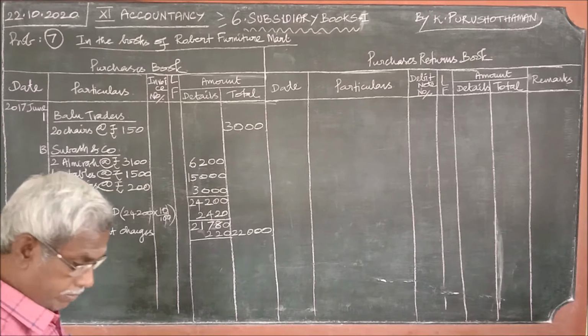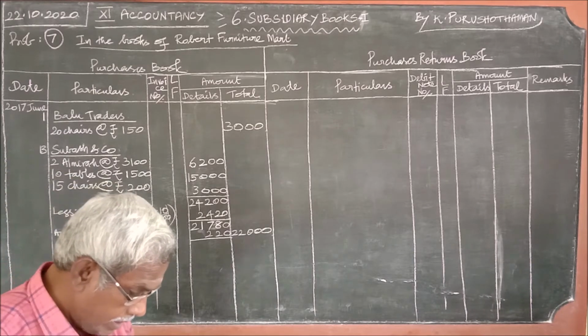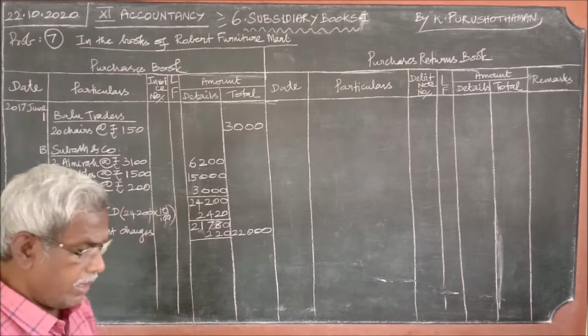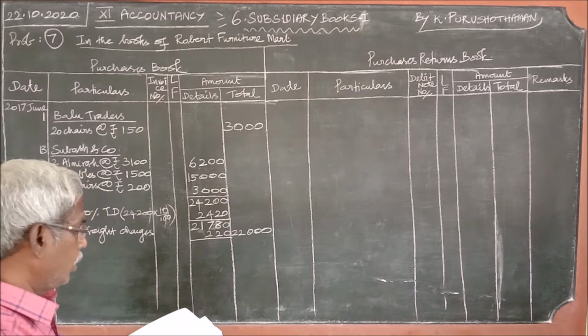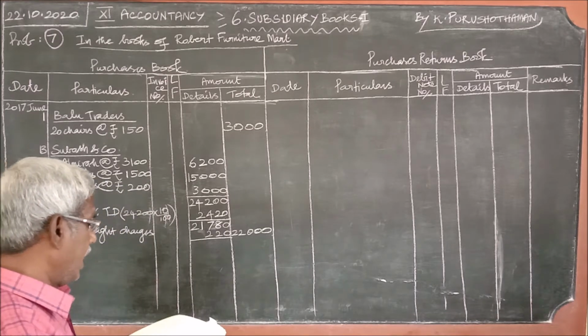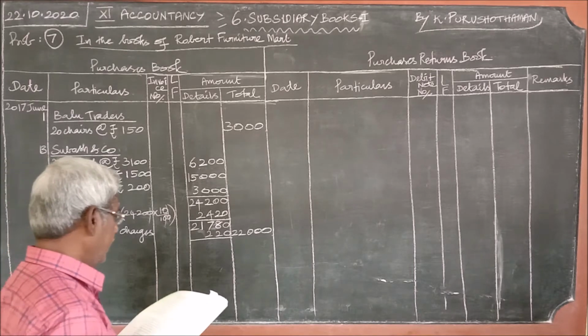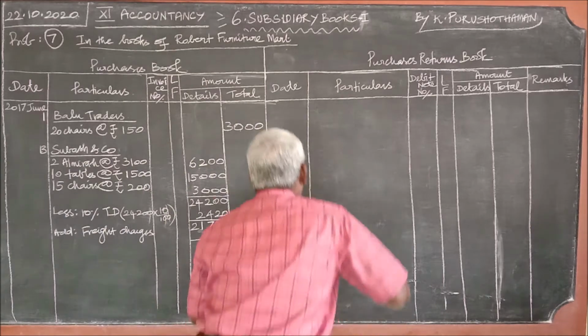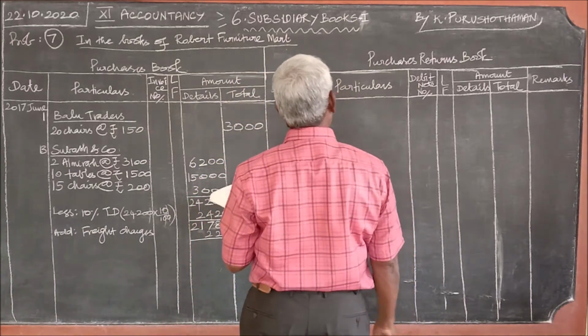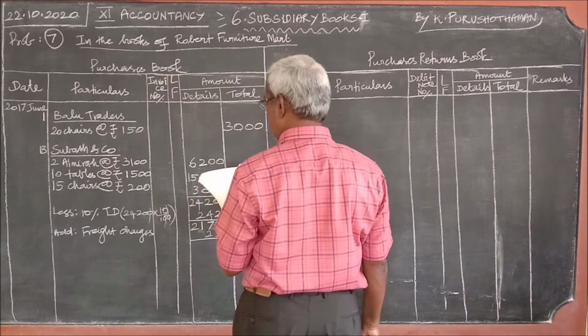Then the next item is returned damaged chairs to Borrowed Traders and the cash not received. So it is the purchases return.